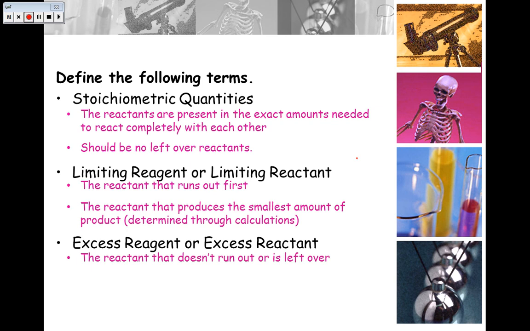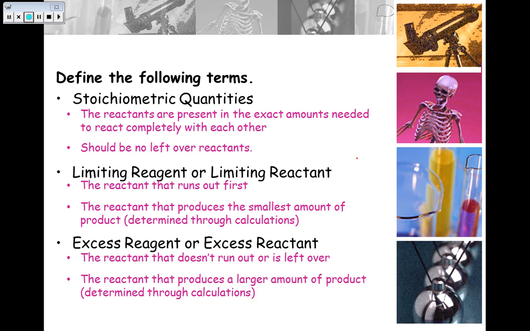So if the limiting reactant is the one that gives you the smallest amount of product, what do you think the excess reactant is going to do? It gives you the bigger number. So it's the reactant that produces a larger amount of product, and these two are determined through calculations.